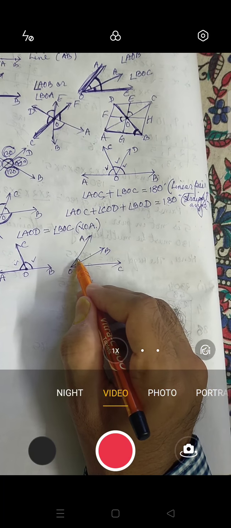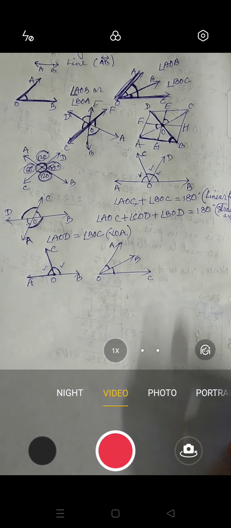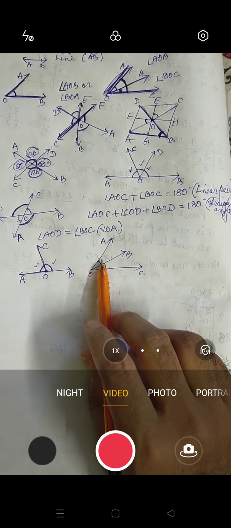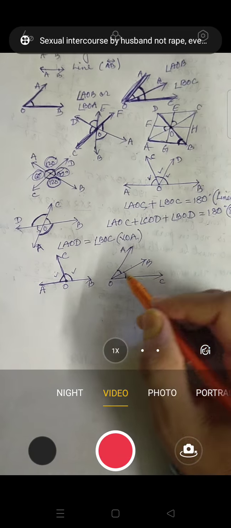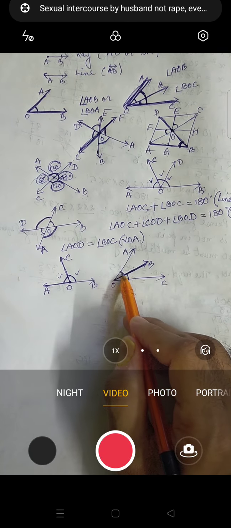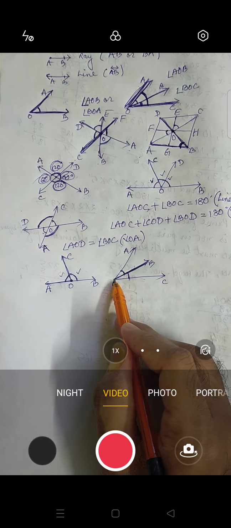Now can I say that by adding this angle and this angle, it will be 180 degrees? No, because these two angles are not forming a straight line. So we will say that these adjacent angles are not equal to 180 degrees. Okay. Here you can see that this is common in both cases. In this angle this is common, in this angle again this is common, and they are having a common vertex.